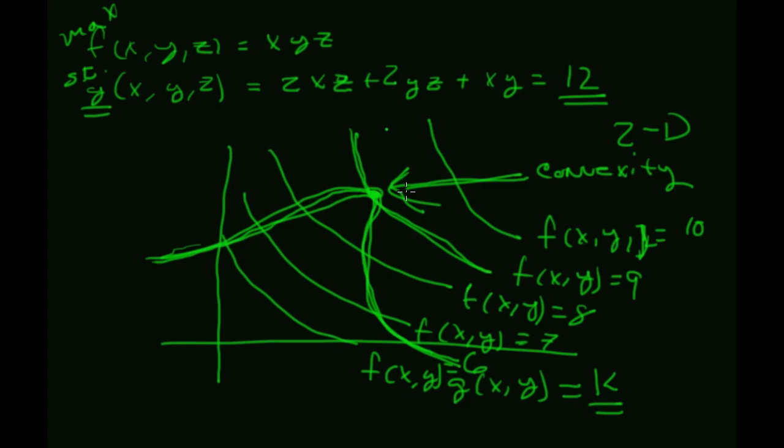So what Lagrange notices is that if I can find the level curve that is tangent to the constraint, so like if I were to draw a line through here, that line is tangent to both of these curves. If I can find that place, then I have the point of optimization. I either have a max or a min at that point.